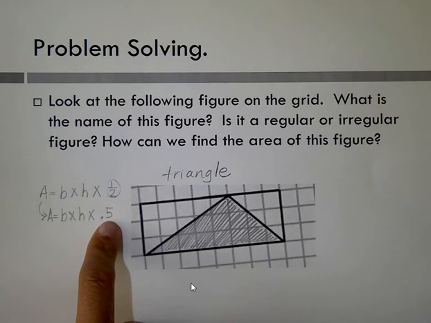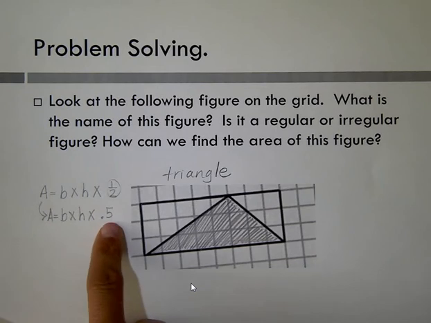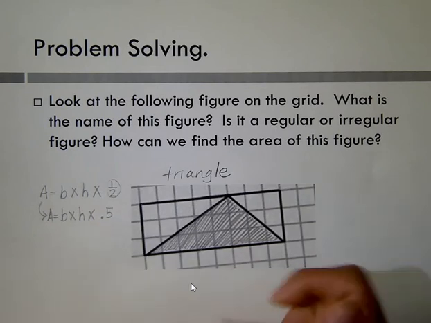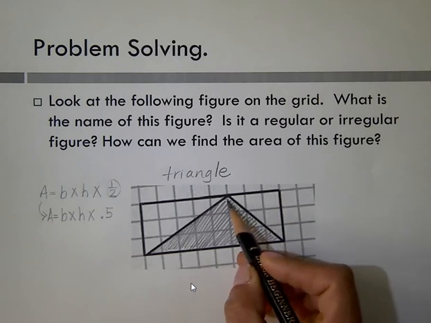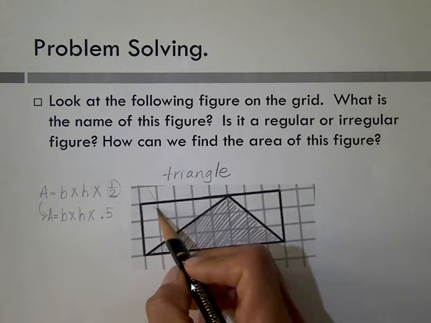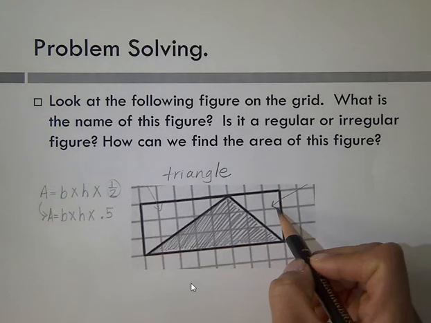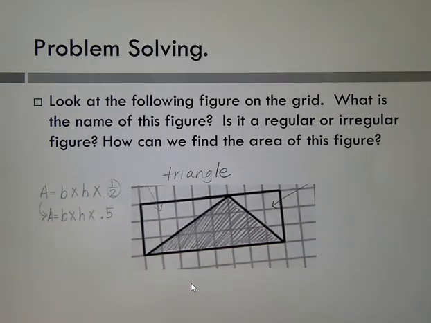And the reason why we multiply with this formula times a half or 0.5 is that the space inside the triangle is half of the total area of our rectangle.